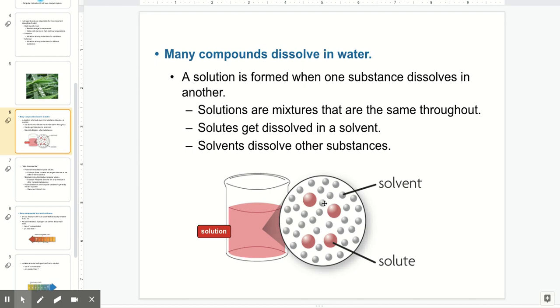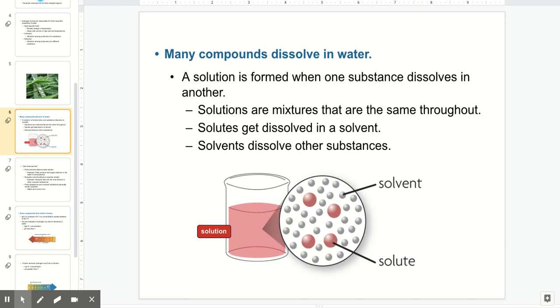All these little gray circles are the solvent, and the solvent surrounds the solute. So the solute gets dissolved by the solvent. The solvent does the dissolving. And the thing about a solution is it's the same throughout.